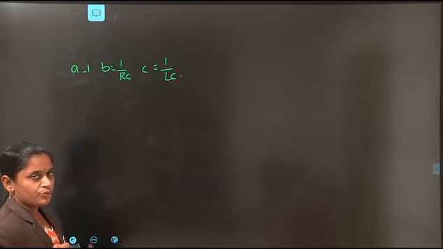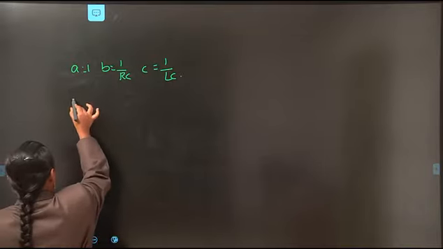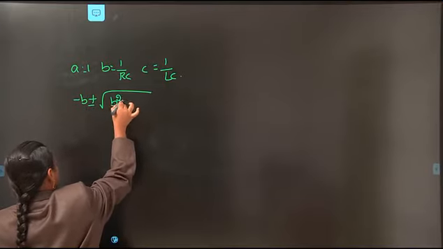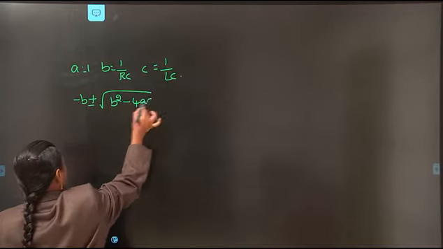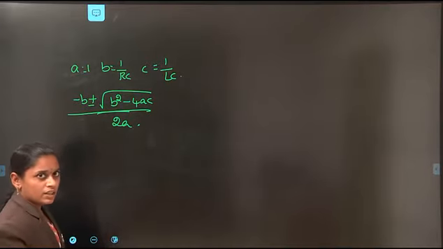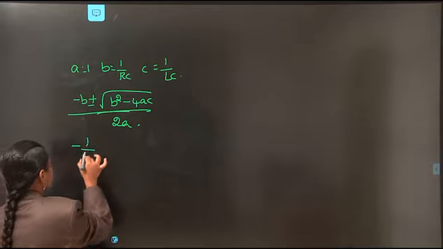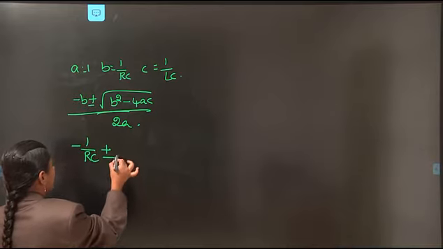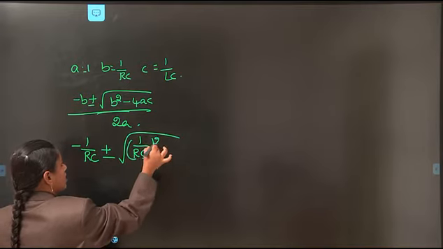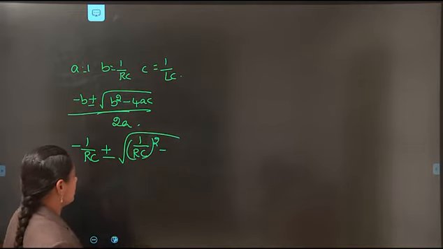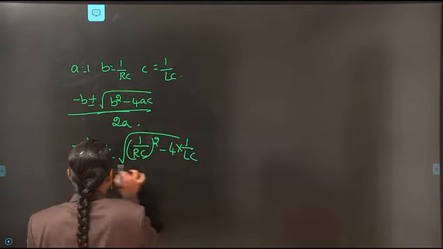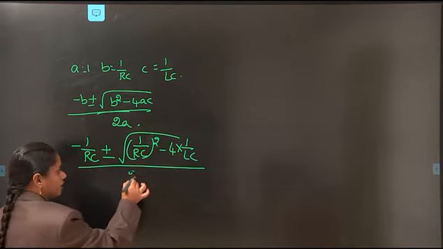So we have to find the S value, and the equation will be minus B plus or minus square root of B square minus 4AC by 2A. That is minus 1 by RC plus or minus square root of 1 by RC whole square minus 4 into AC, that is 4 into 1 by LC, by 2A, where 2A is nothing but 2.